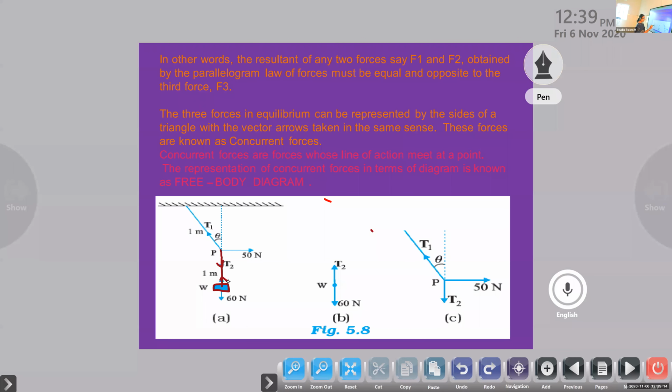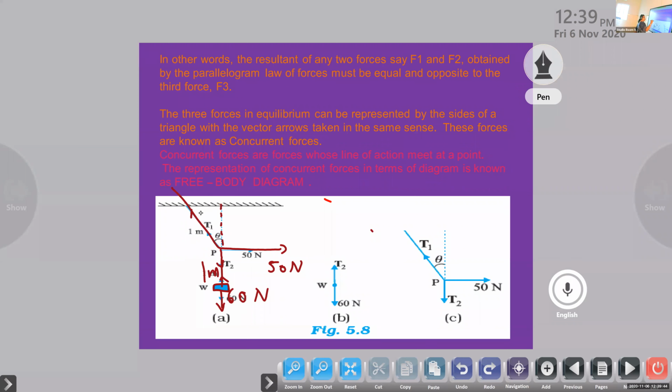There are two arrows, one upward, one downward, and horizontally there is another one. 50 Newton is written over there. These are the different parts of this. Just write this only, no need of drawing this. 50 Newton, and there is an object of 60 Newton, and the length of the thread is given in meters.